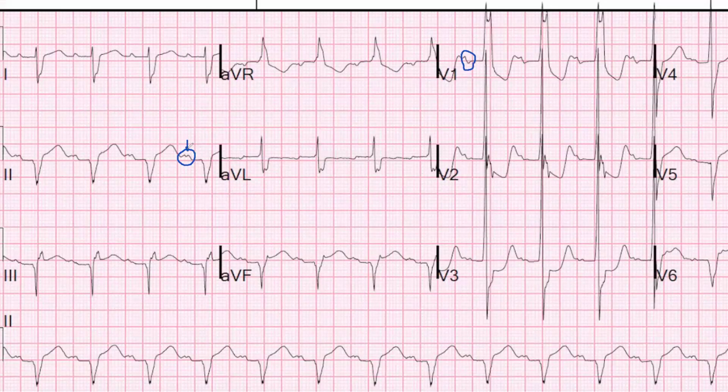That's very good. So we do have P waves and they come regularly, so that could be a sinus rhythm. And because the P wave is notched, we can have some atrial enlargement, and it's notched in lead number 2.